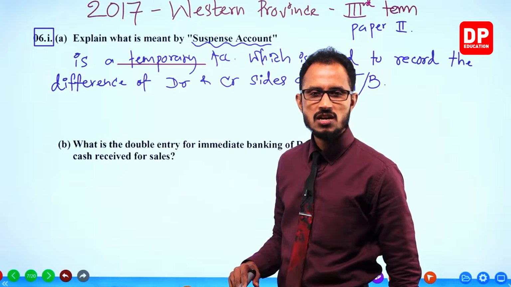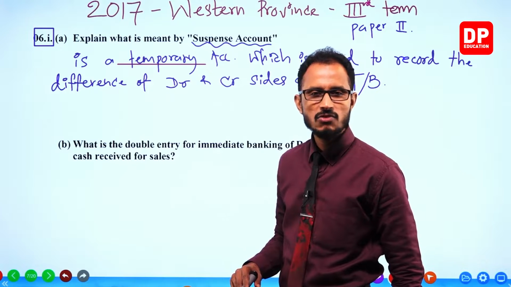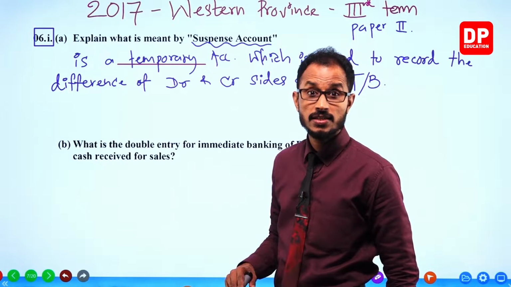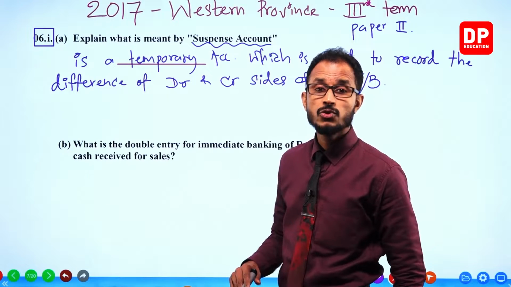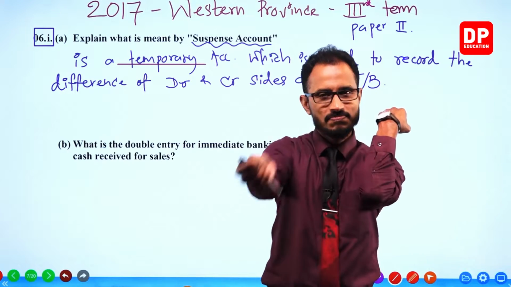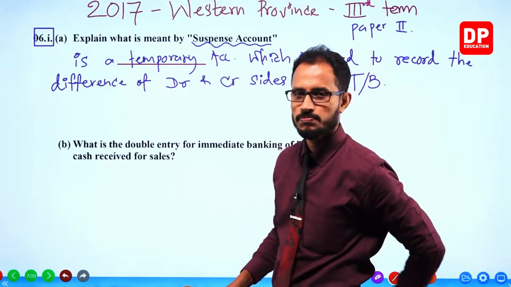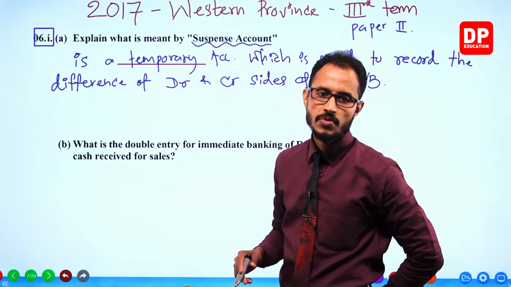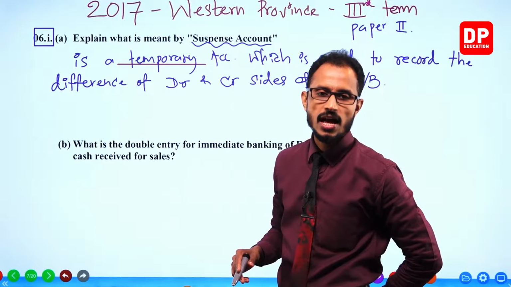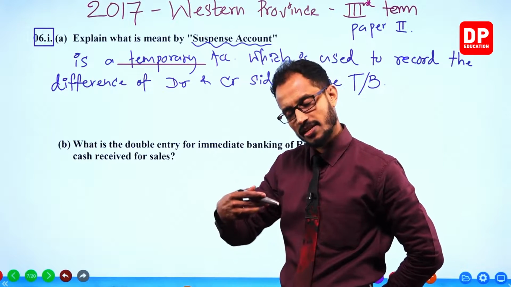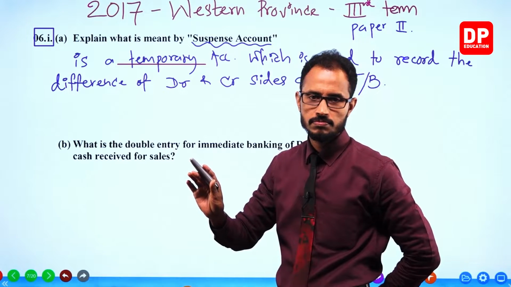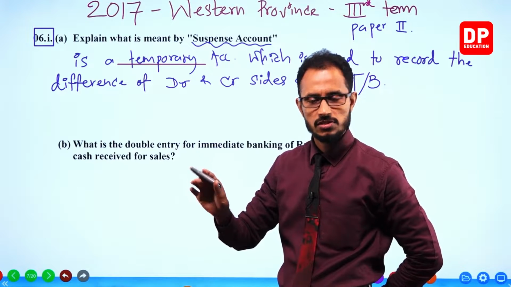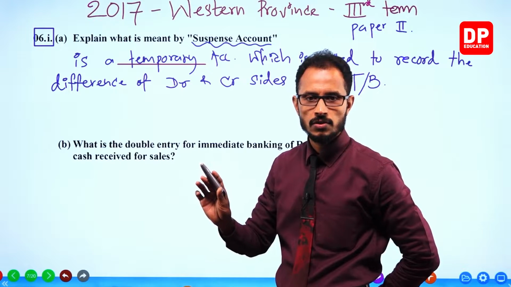The plaster is not going to heal the wound. You have to remove the plaster. Just like that, the suspense account also must be removed after all the errors are corrected. If you have corrected the errors, the suspense account will be removed. Got it?